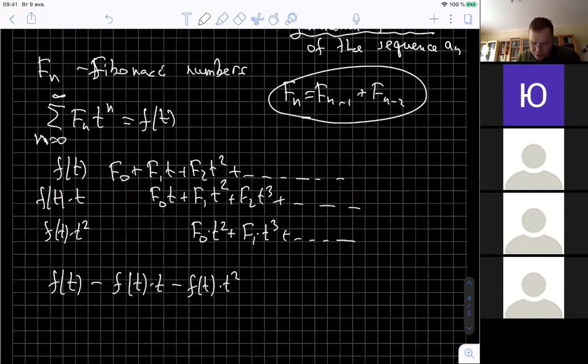So what if we subtract from f of t, from the first row, the following two rows? What do we get?